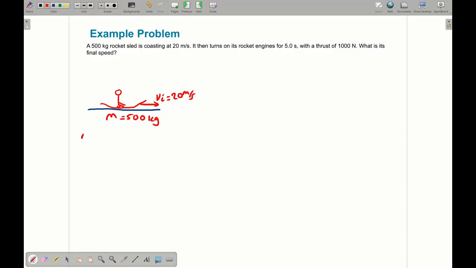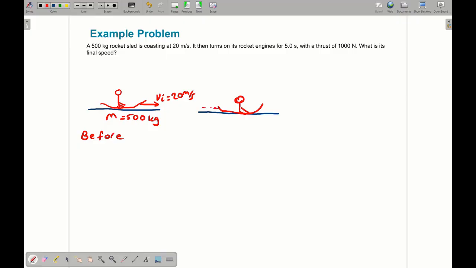So this will be my before picture here. Before, I was going with a mass with the sled of 500 kilograms and a speed of 20 meters per second. Then what happens? There is a stage. I apply a force to myself by turning on my rocket engine. I wanted to have some more fun, so I'm pushing myself to a higher speed, right?